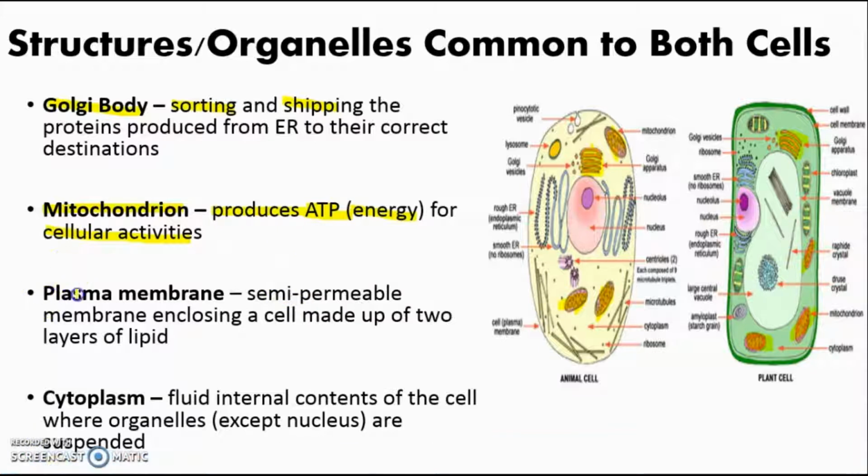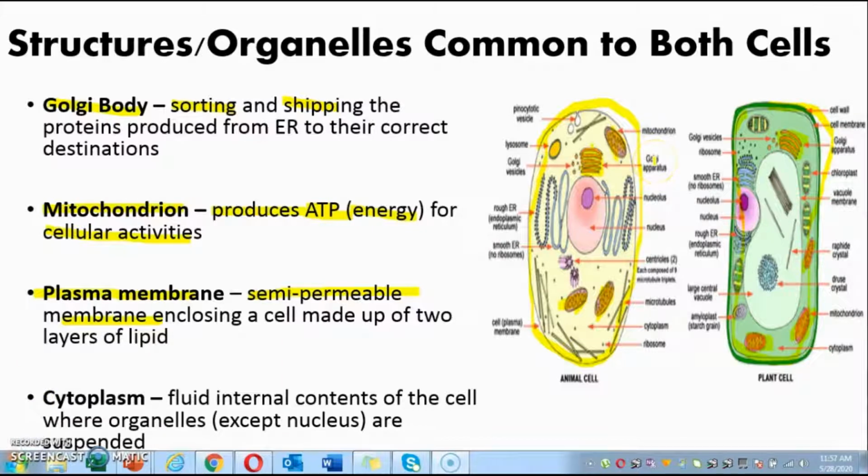Next is the plasma membrane. This is the semi-permeable membrane enclosing a cell, made up of two layers. In other words, it is the outer covering that encloses both the animal cell and the plant cell. It is the boundary between the cell's internal environment and the cell's external environment.